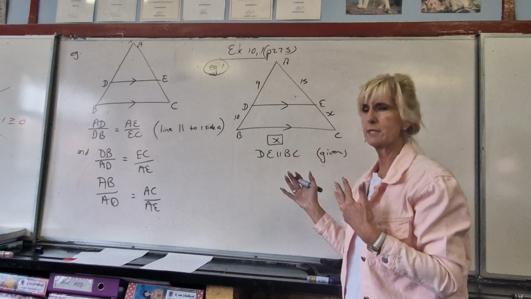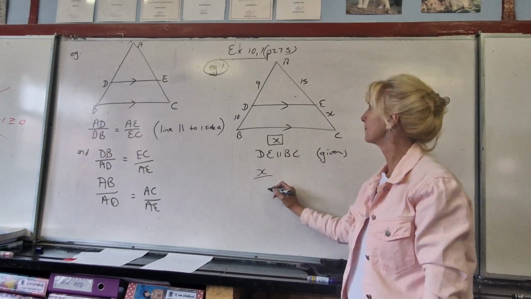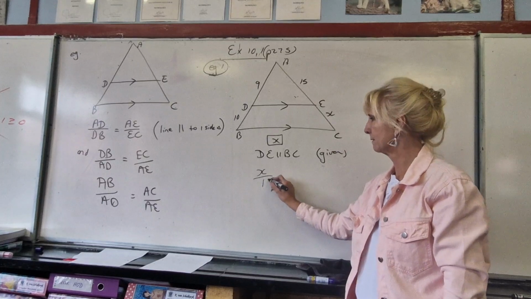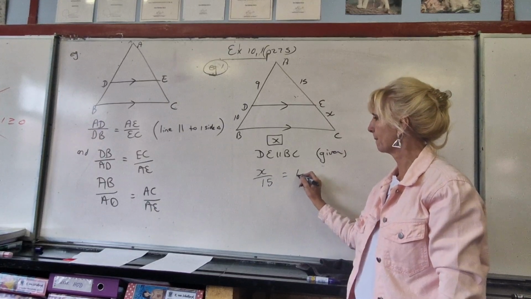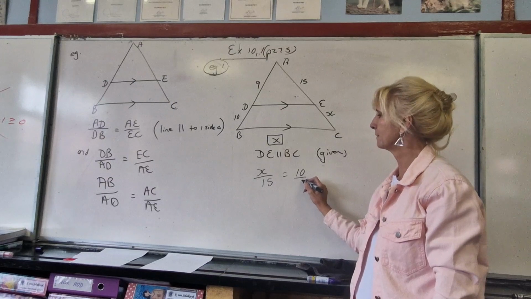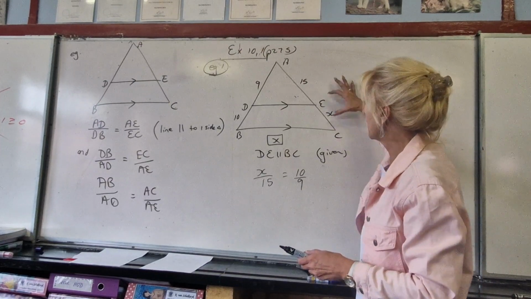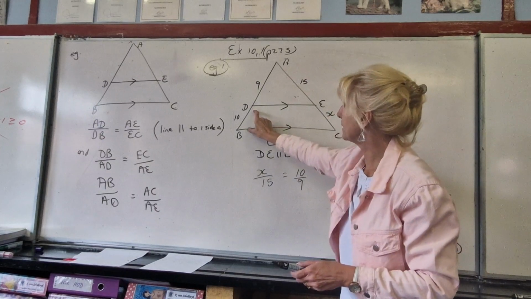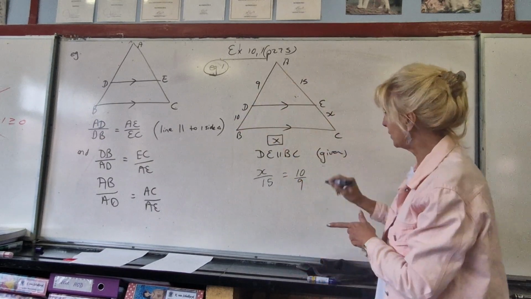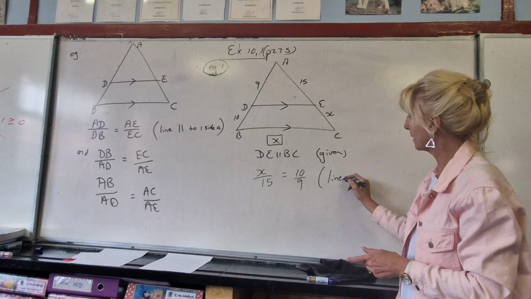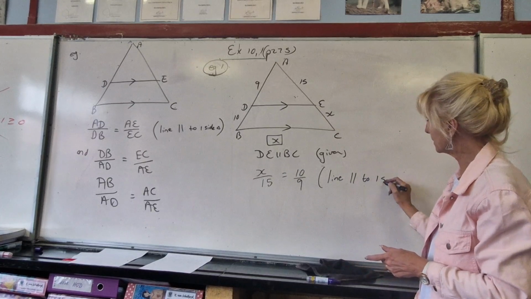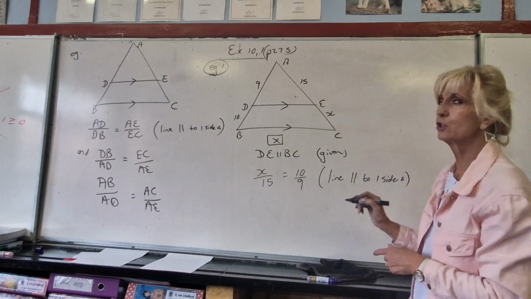Just jump into the sum and say it's x over 15 would be the same as 10 over? That's it, guys. You don't have to say EC over AE and DB over DA. And the reason for this is a line parallel to one side of a triangle will do what?